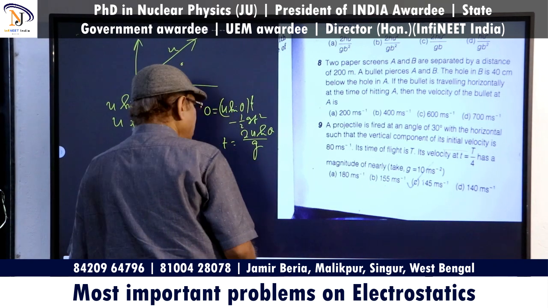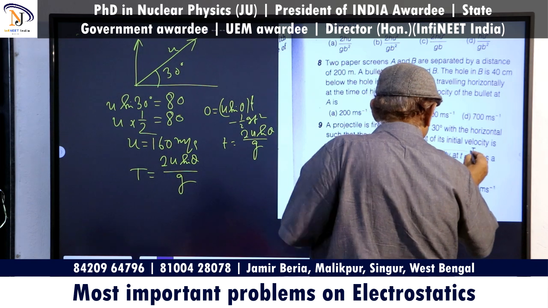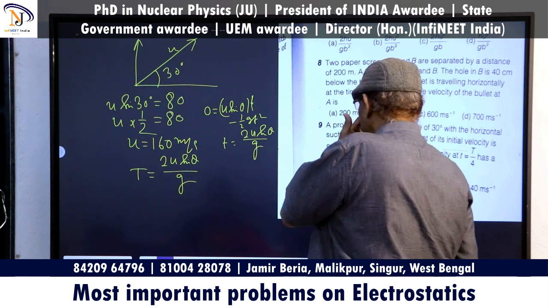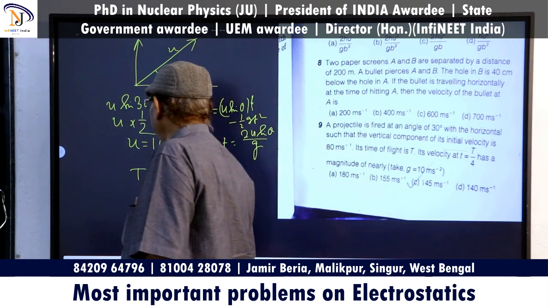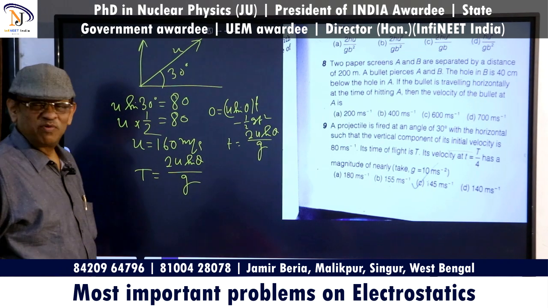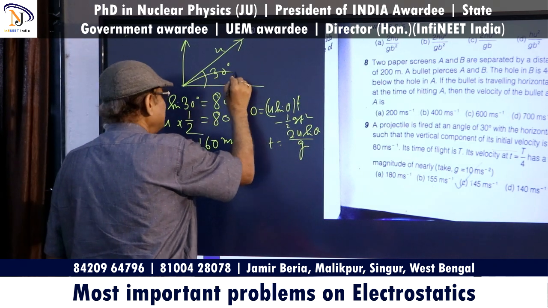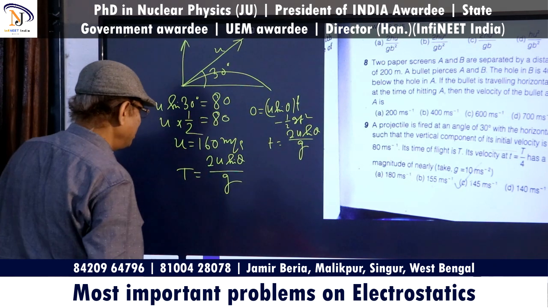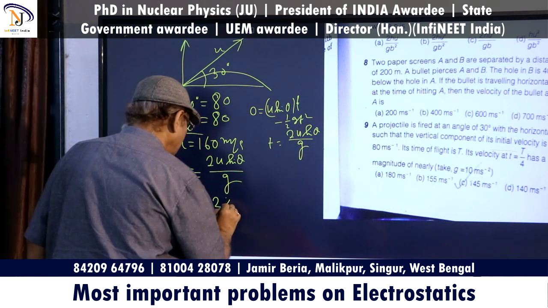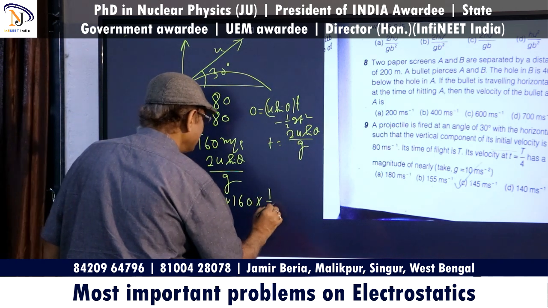Okay, and what you have to do? Its velocity at t equals T/4 has a magnitude nearly. Velocity at t equals T/4. Very important problem. Just you see this one. What is the value? You see 2 into 160 into half again.